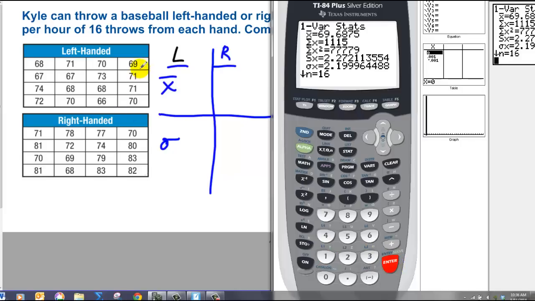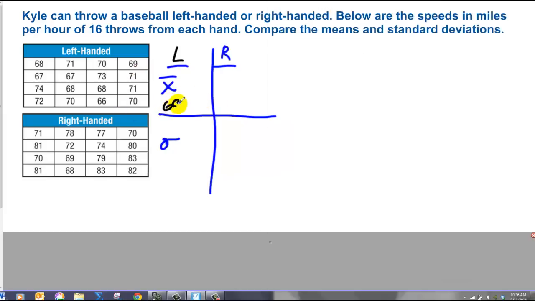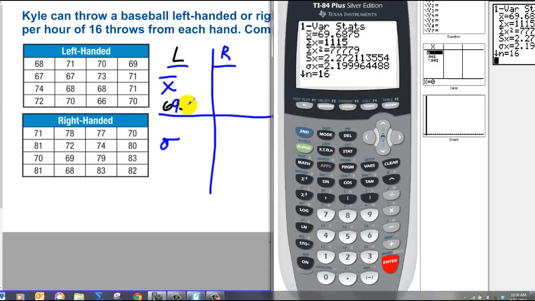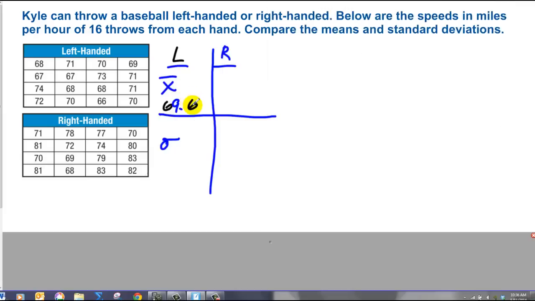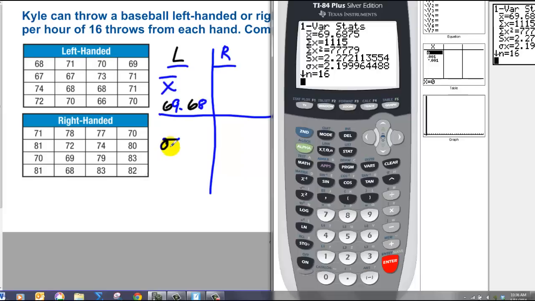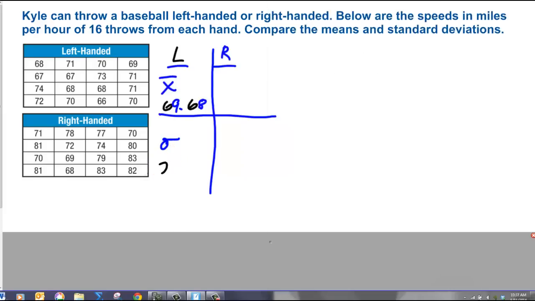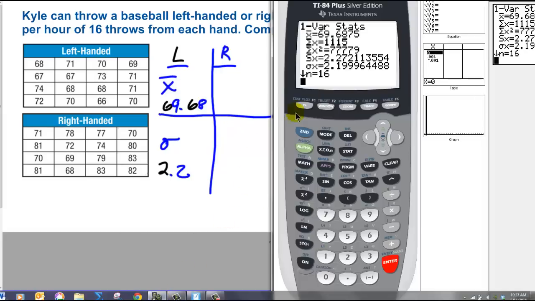And we have an average here of 69 points. I believe that was 68. And then we had a standard deviation of 2.19, basically 2.2. And then let's go over and calculate the information for the right-handed column.